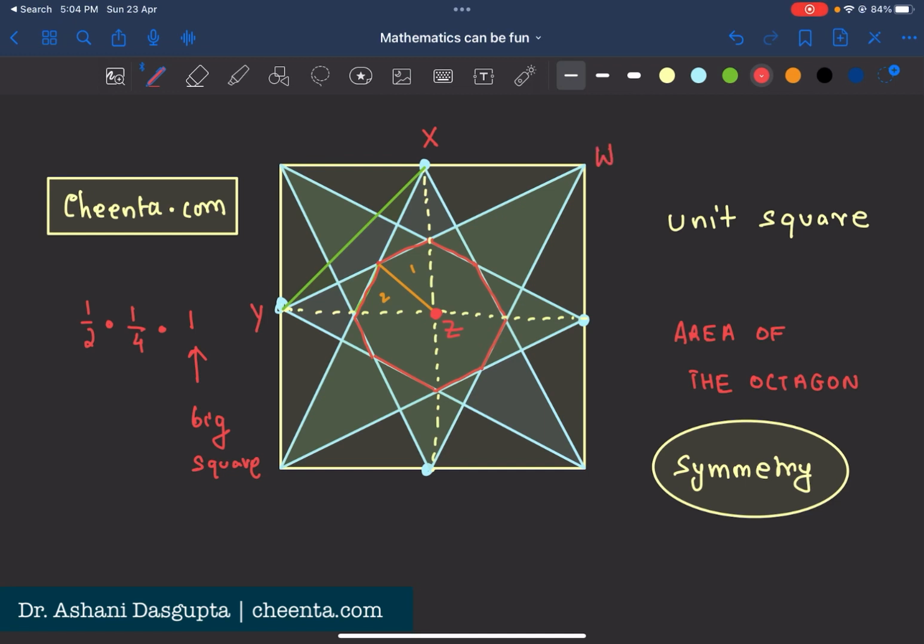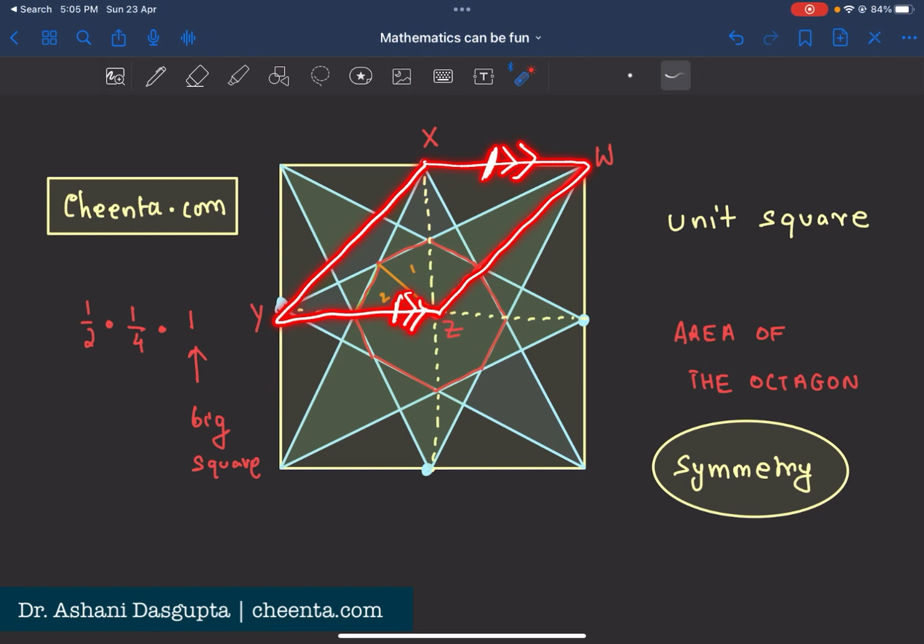Let's call this point W. If you join ZW, then XWZY is a parallelogram, because this is equal to this and this is parallel to this. If one pair of opposite sides of a quadrilateral are equal and parallel, then it's a parallelogram. Therefore, its diagonals would bisect each other.